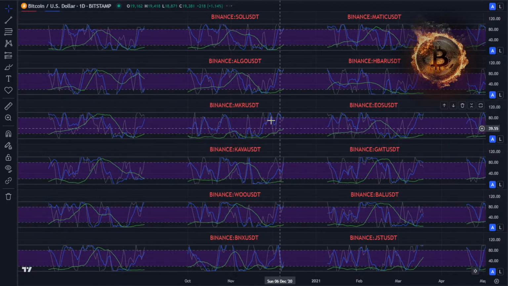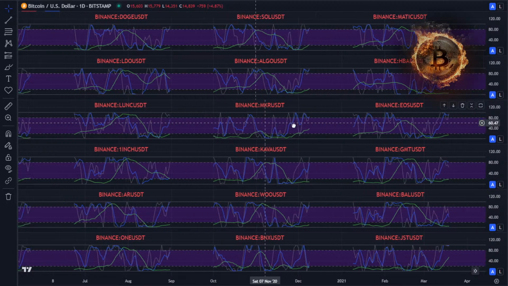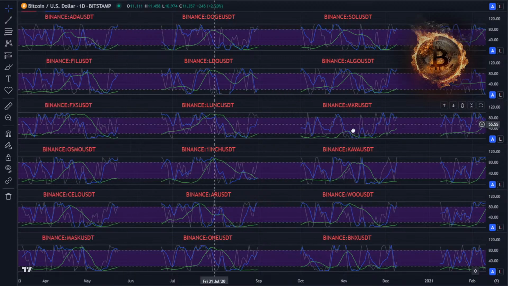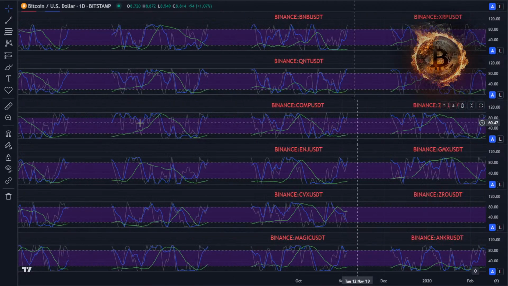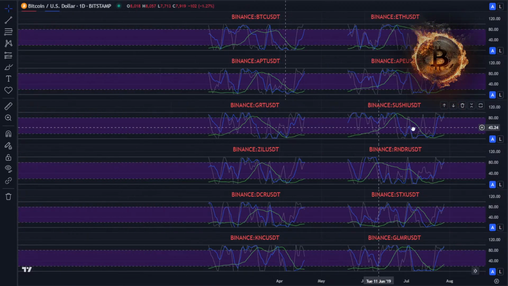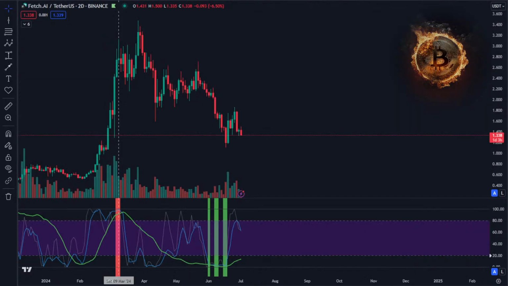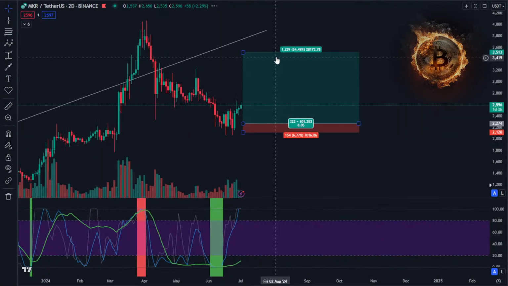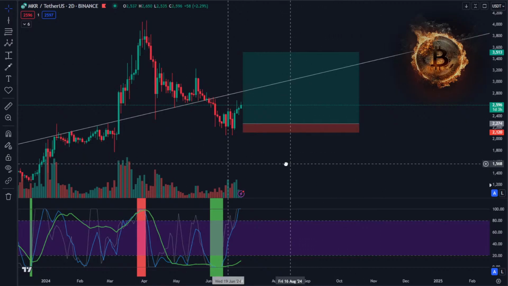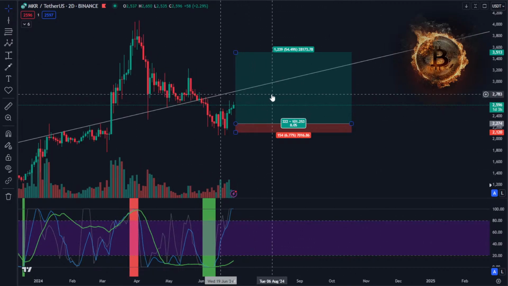We have here maker, gonna look at it, but first move on, see if something else will show up. Okay, so maker, now this is an old trade I had, just gonna hide this.